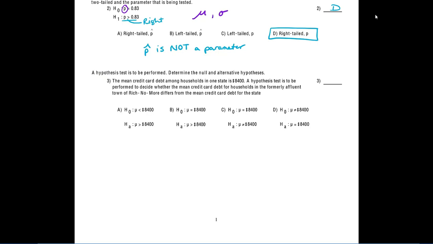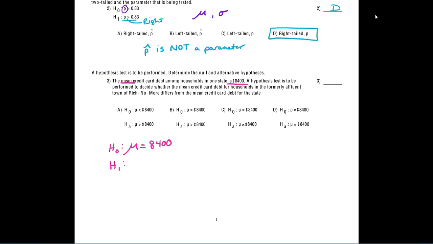The first sentence says mean is, so my null hypothesis, which is always denoted with H sub 0 or H naught, is mu equal to 8,400. Then my alternative, H1, with a sub 1.